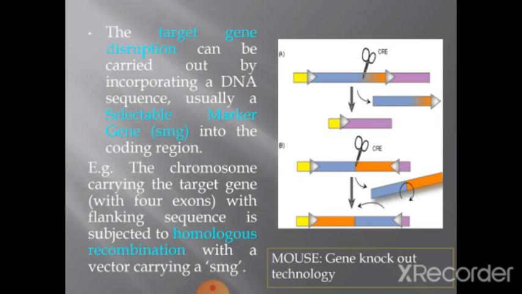That is, in the place of the exons, the selectable marker gene goes and sits as shown in the diagram, right? So as a result, there is disruption of the target gene. So in this technique, the loss of function occurs. Okay, loss of function occurs in contrast to the gain of function that takes place by introducing a foreign gene in knock-in technology.